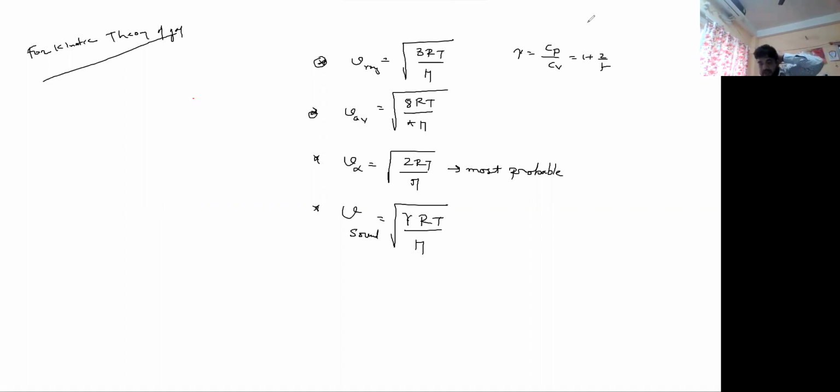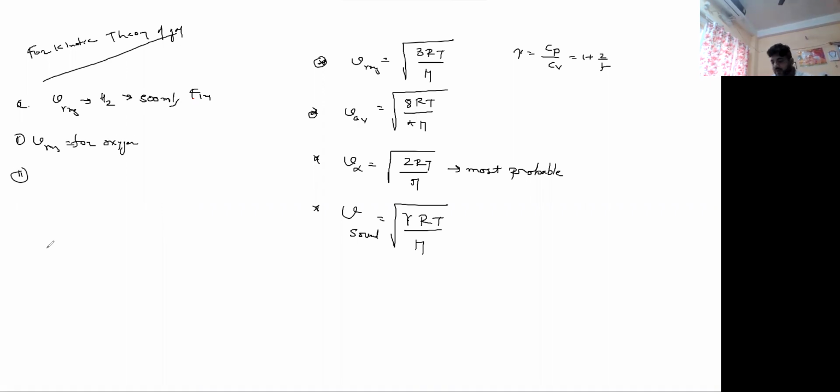Yes. Okay. Now, suppose a question is given. See, the question is given: if Vrms for hydrogen H2 is 500 meter per second, find number one, they can ask you Vrms for oxygen.